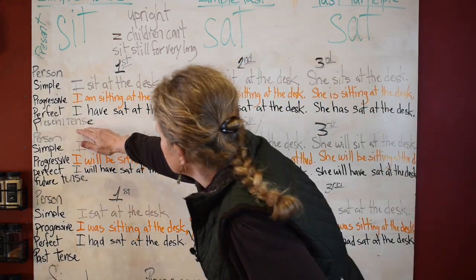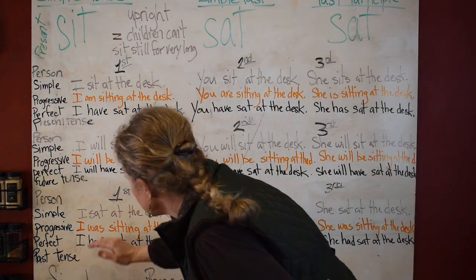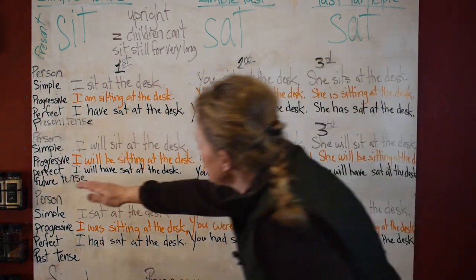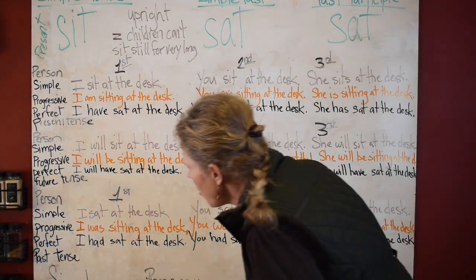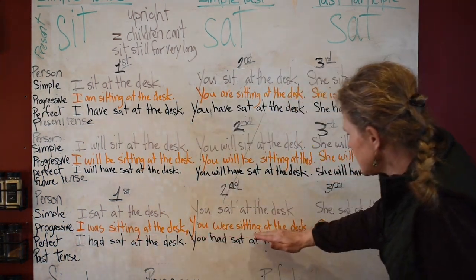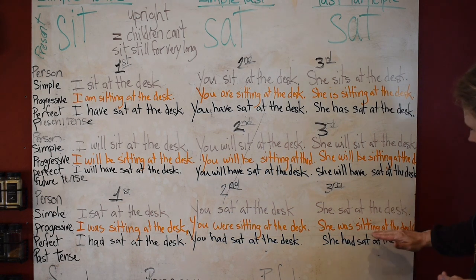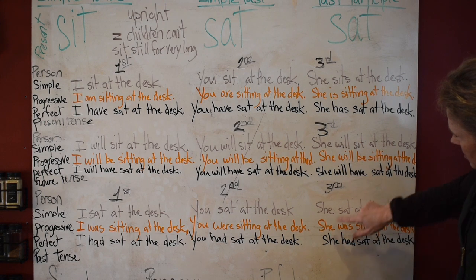But see, look, present is am, are, and is, and the past is was and were. And the future is will be, or will have. So, I was sitting at the desk. You were sitting at the desk. She was sitting at the desk. Singular takes the singular. It's in third person.